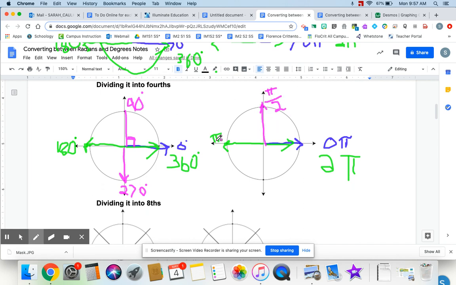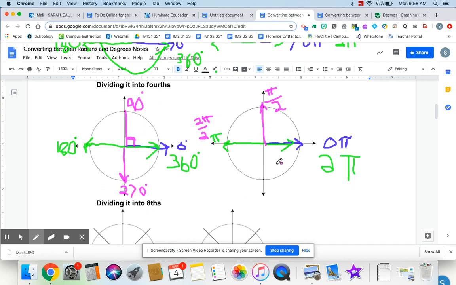If I do another pi over 2, then at the 180 degrees I would have 2 pi over 2, because I'd have 2 of them. But 2 divided by 2 is just 1 pi, just like how 180 was just 1 pi.